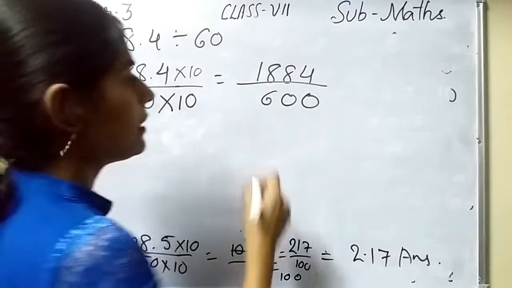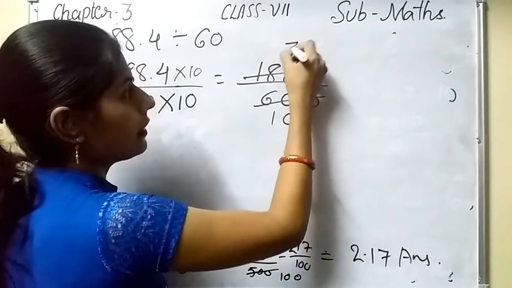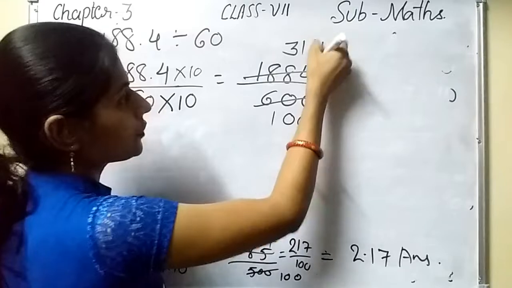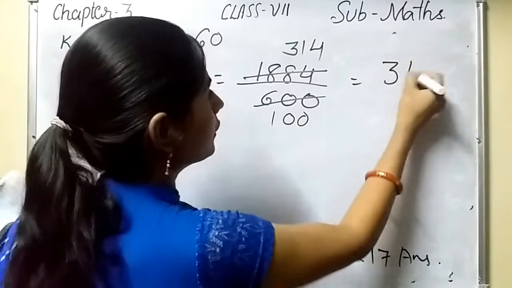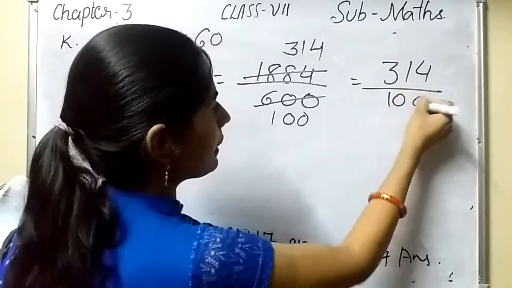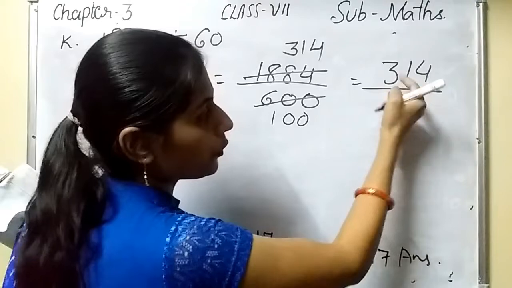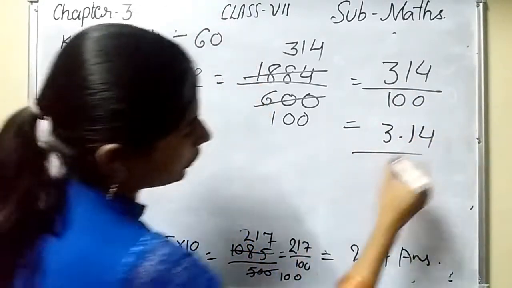Now divide it by 6: 6 ones are 6, 6 threes are 18, 6 ones are 6, 6 fours are 24. So 314 divided by 100. Two digits are there, so put the point before 2 digits. 3.14 is your answer.